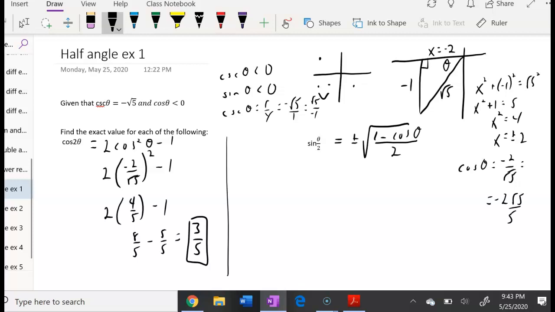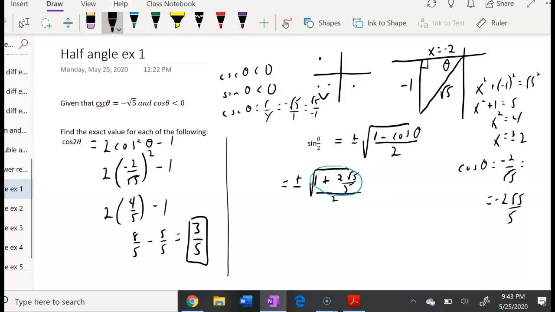So what we have is plus or minus the square root of 1 minus negative, so that's plus 2 rad 5 over 5, and that whole thing is over 2. Okay, let's get a common denominator for this stuff in here, which will be 5.